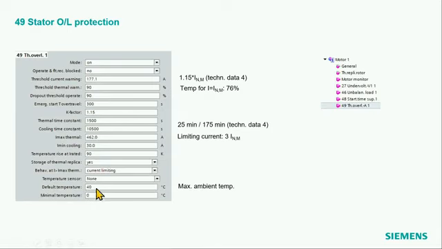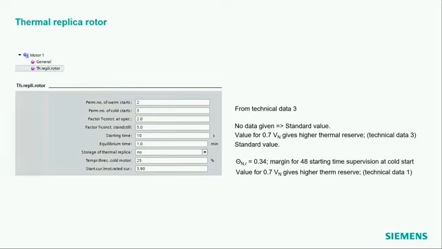And this default temperature, again, is the maximum ambient temperature I expect. Depending on your situation, you can leave this at 40 degrees. If it's hotter, then you set the other temperature here in degrees Celsius or Fahrenheit. Then the thermal rotor replica, with the permissible number of warm and cold starts.